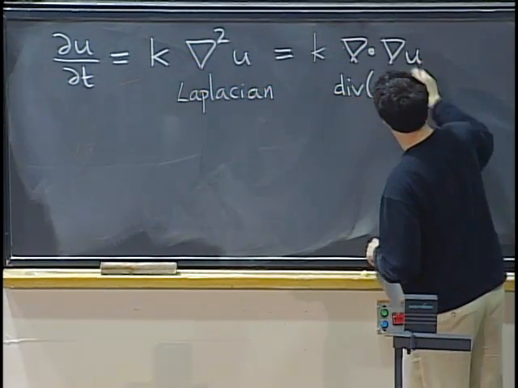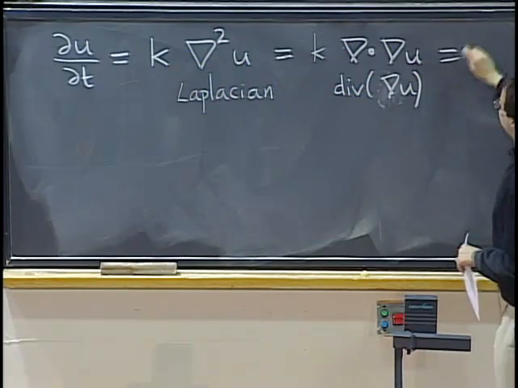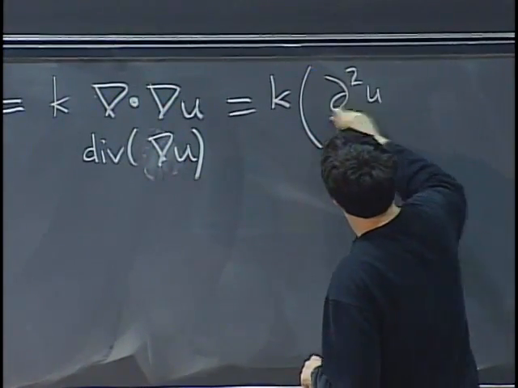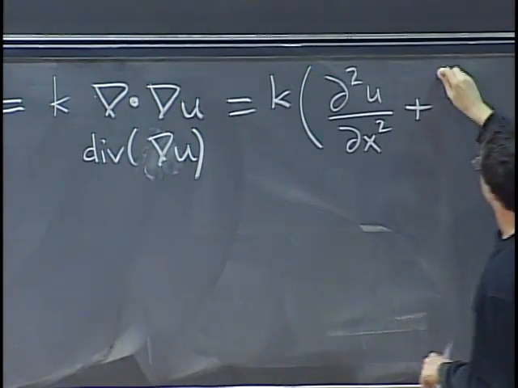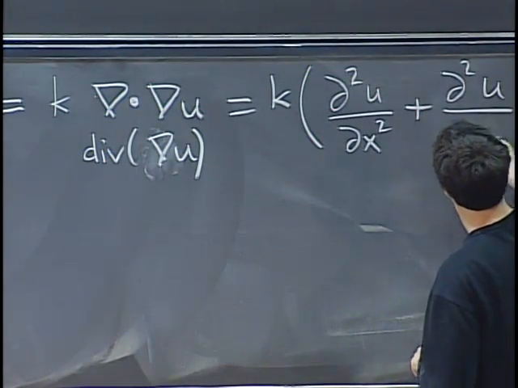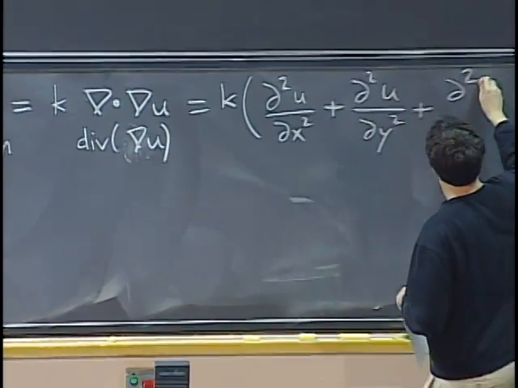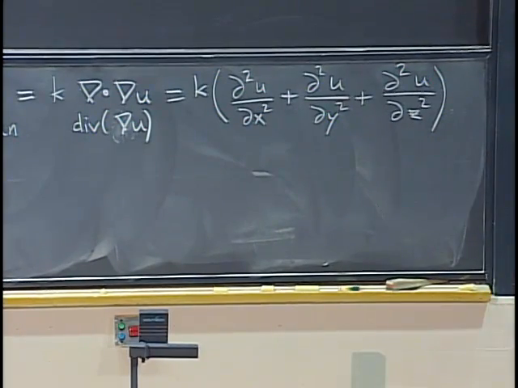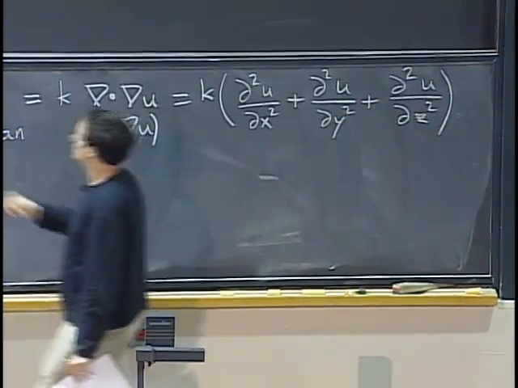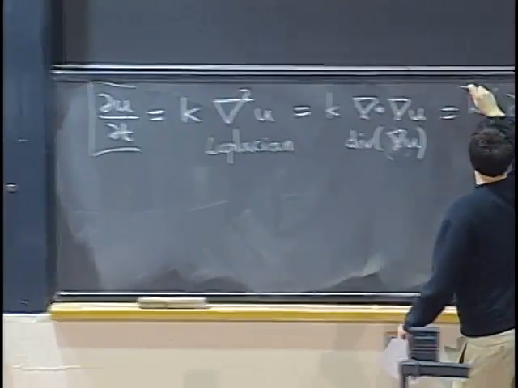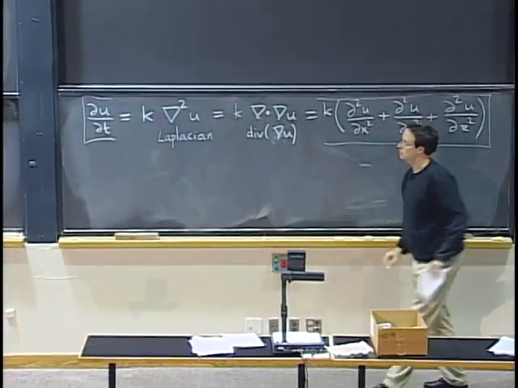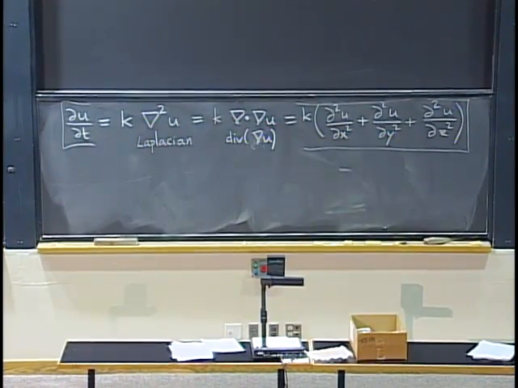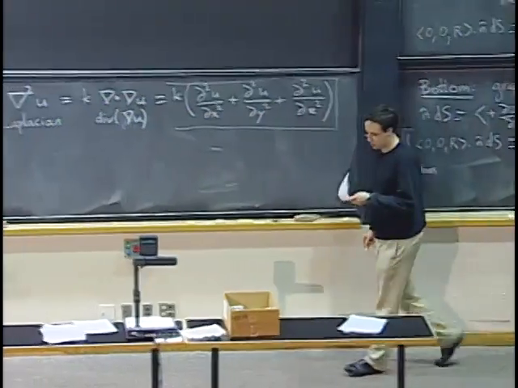We've used this notation for gradient. If you expand it in terms of the variables, that becomes partial squared u over partial x squared plus partial squared u over partial y squared plus partial squared u over partial z squared. So the equation is this equals that. That's a weird looking equation, and I'm going to have to explain to you where it comes from.